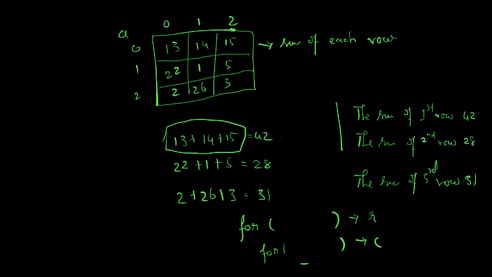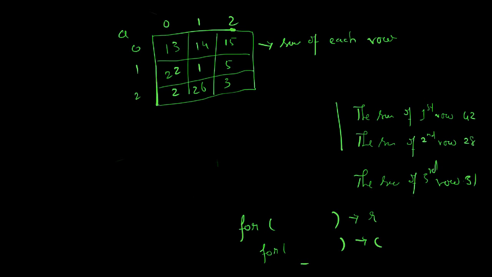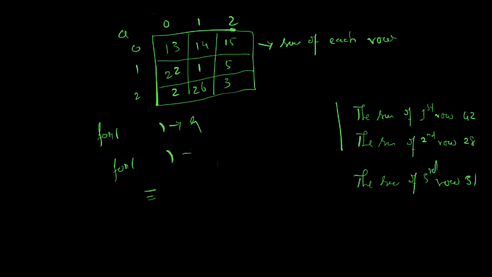Wait, let me erase this. I have two for loops and a set of statements. This for loop represents the row and this for loop represents the column.